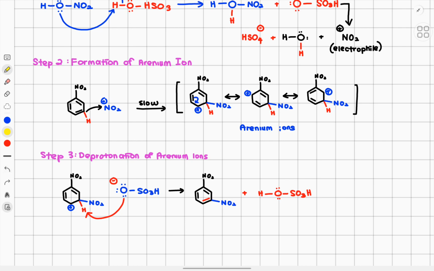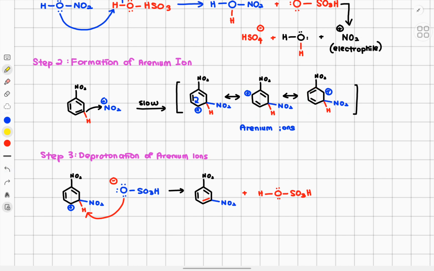Alright, and then the arenium ion, we know it is an intermediate ion, so the double bond of the benzene ring will move. It will always move and change its place.